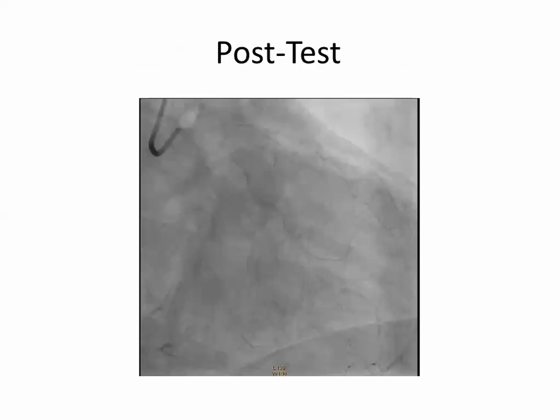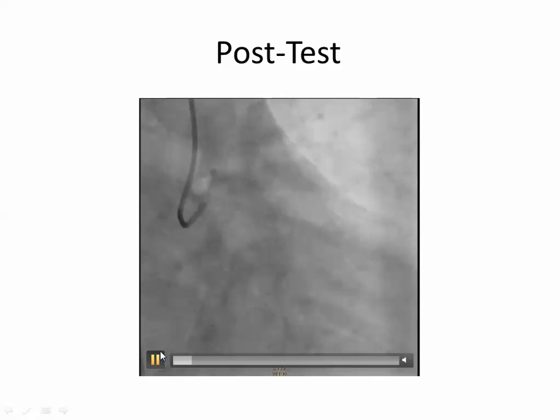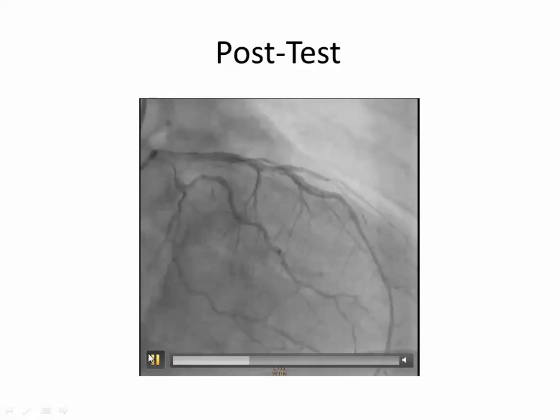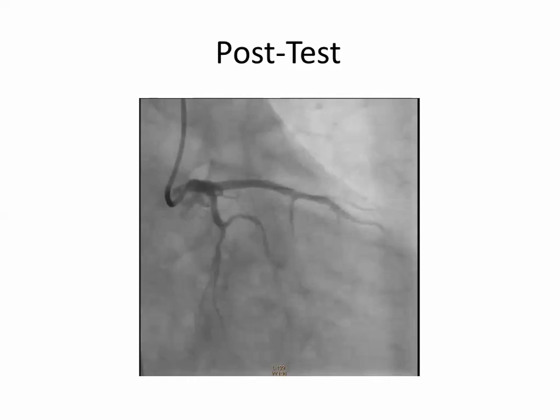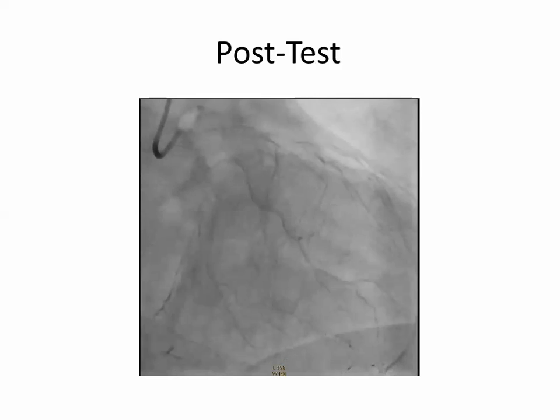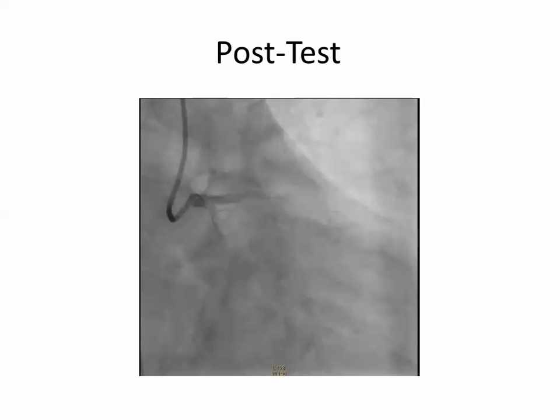Okay. Let's revise and answer them. What's this view? Yes, it's RAO. Perfect. Why? Ribs. The ribs are equal, so you will catch the calf.